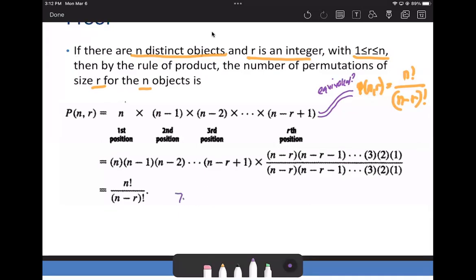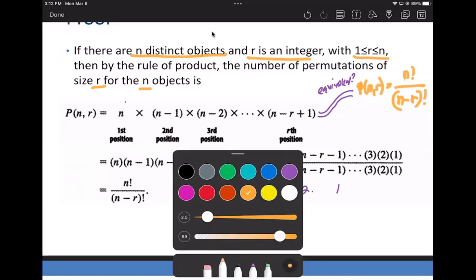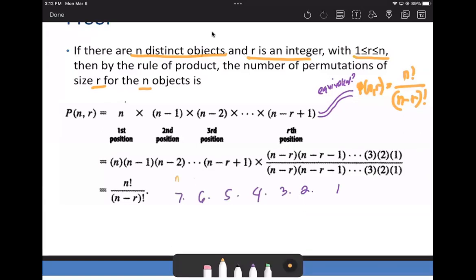So kung isipin, ganito siya. 5 times 4 times 3 times 2 times 1. So this will be n, n minus 1, n minus 2, and then this will be n minus 3, n minus 4, n minus 5, n minus 6.